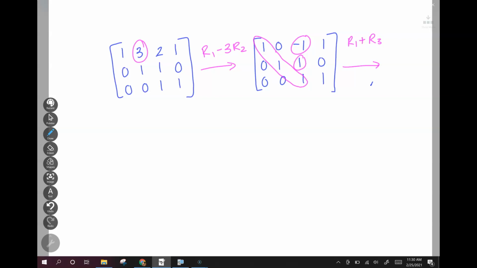Now notice that you can't add row 2 to that. You cannot add row 1 plus row 2 to get rid of that -1 because it would give you a 1 in the second column. You would have 0 plus 1 here.